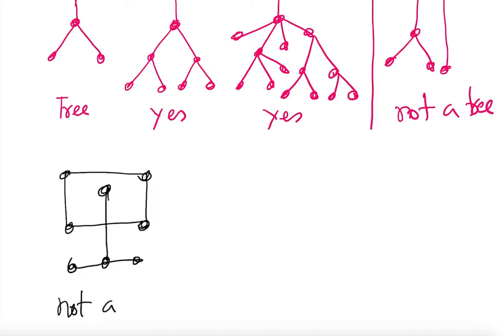Not a tree. Why is it not a tree? Because this is forming a box or circuit. This is like a network. As you clearly see, each vertex is connected. So, well, this is not a network. This is a graph, but this is not a network. Okay, in order to be a network, this has to be connected too. So this is not a tree either.